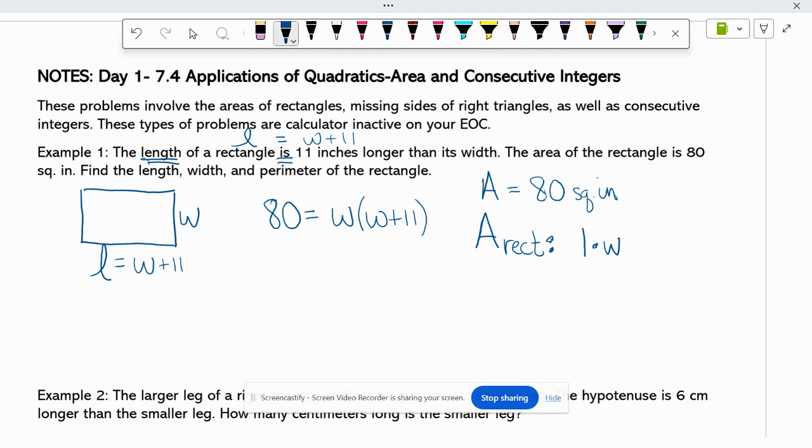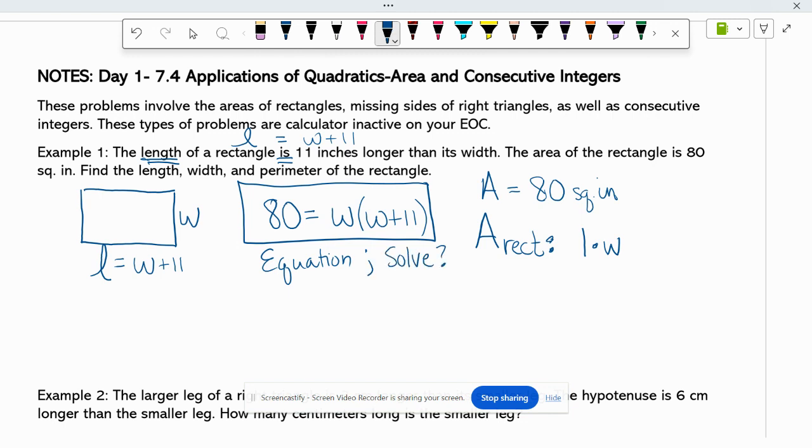And I really did the width times the length, but I just tried to put the monomial outside of the binomial. How do I solve this? So this is the equation that we have to write. This is your equation. How do you solve it?